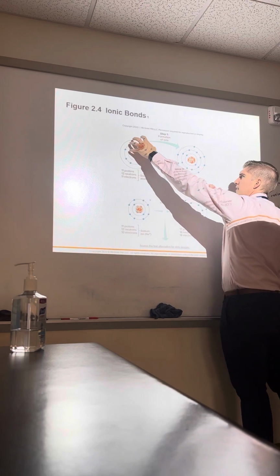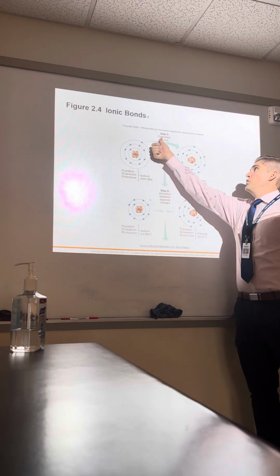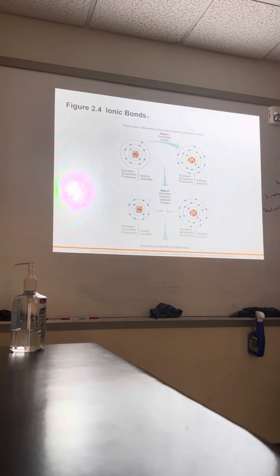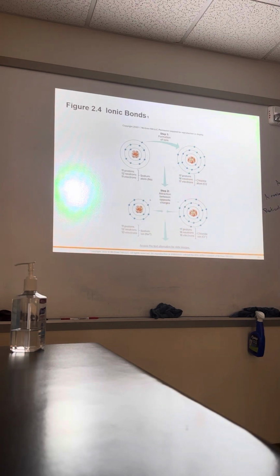So if you have this electron, which is negative, and the sodium loses the negative, the resulting sodium will be positive, have a positive charge, because it just lost an electron, right? Similarly, the chlorine just gained an extra electron, so now it's not neutral anymore, it's negative.